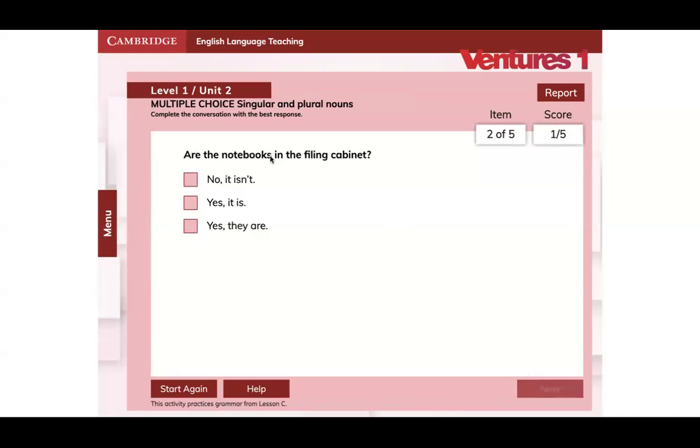Here it's notebooks. It's plural, 2, 3, 4, a whole bunch. So it will be they. So which one has they? Aha. Are the notebooks in the filing cabinet? Yes, they are. Are the rulers in the box? And it has to be plural. So that means they. No, they aren't.